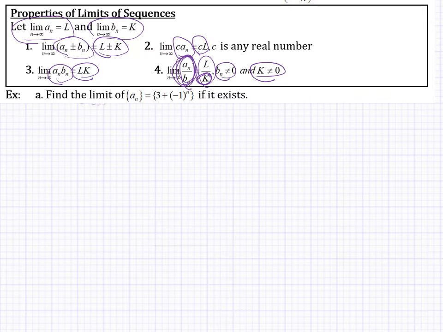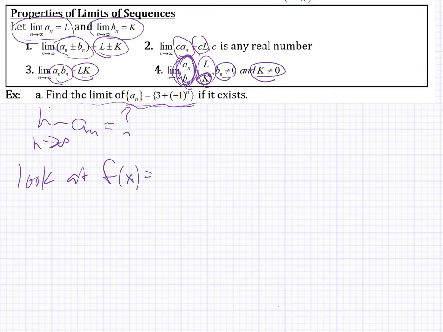And so let's find the limit of this sequence here, if it exists. This is the one that we looked at in the very beginning, in which case we want to do the limit as n goes to infinity of a sub n and figure out what that is. Well, let's look at f of x equals 3 plus negative 1 to the x. Okay, what do we know?